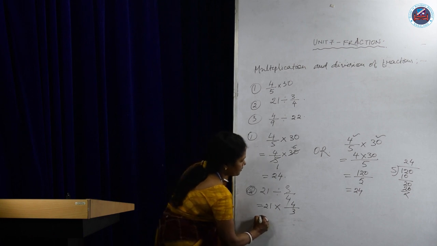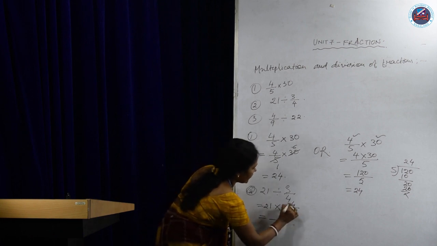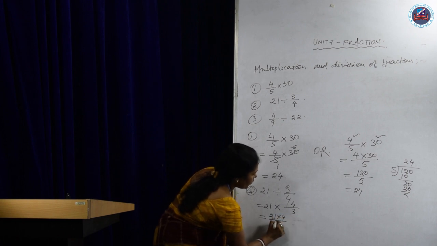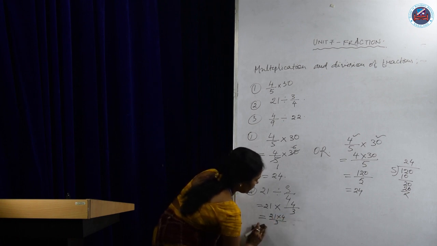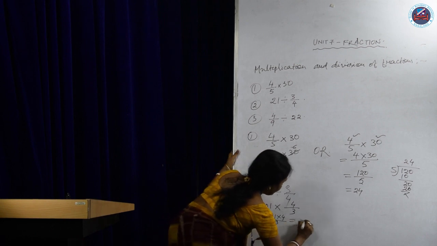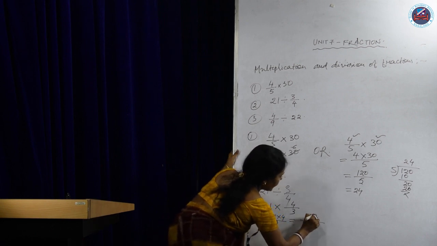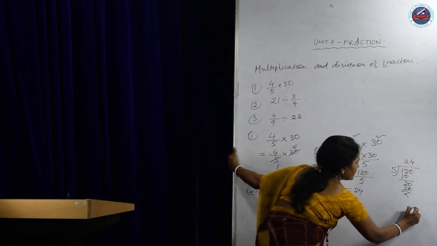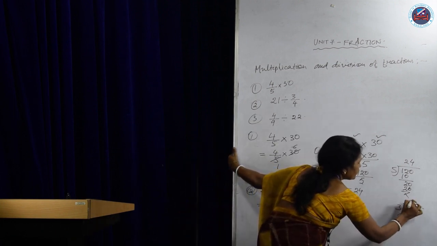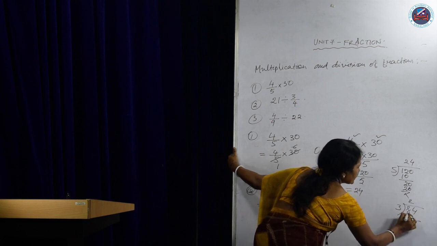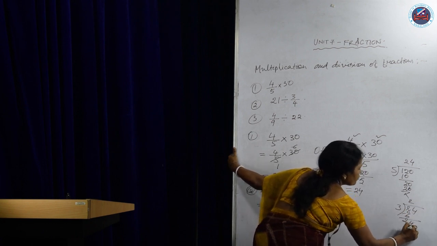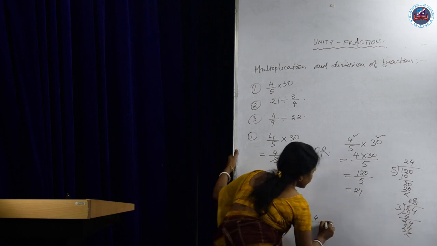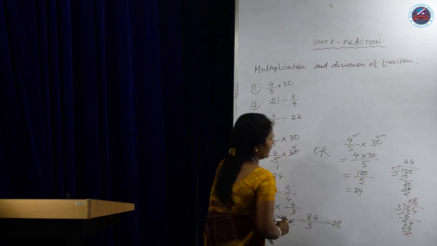Now it is the same as multiplication. You can multiply the upper numbers, that is 21 and 4, and your lower number is 3. So 4 ones are 4, 4 twos are 8. That is 84 by 3. When you divide 84 by 3, 3 twos are 6, subtract, take 4 down, 3 eights are 24. So what is your answer? It is 28.